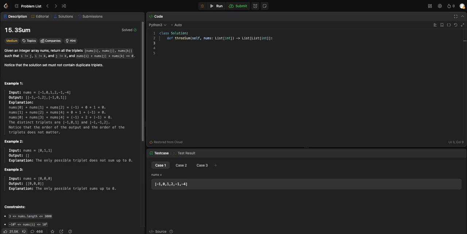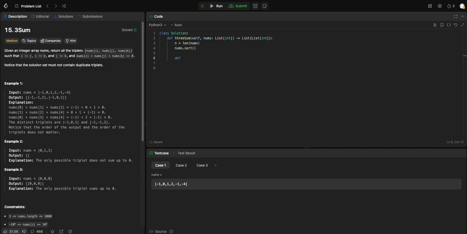We define n is equal to the length of nums, and nums.sort() sorts it, right?